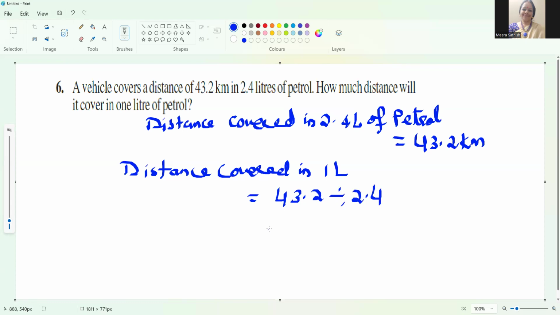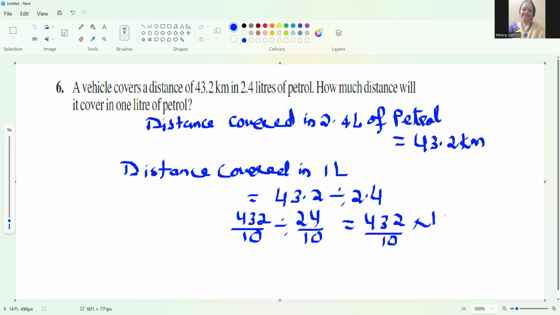So 432 by 10 divided by 24 by 10 equals 432 by 10 into 10 by 24. 10 cancels. So 432 divided by 24. So let us divide by 24.